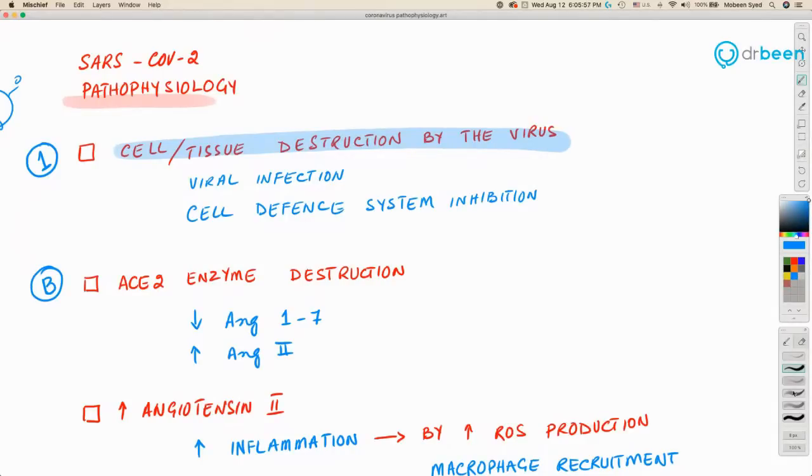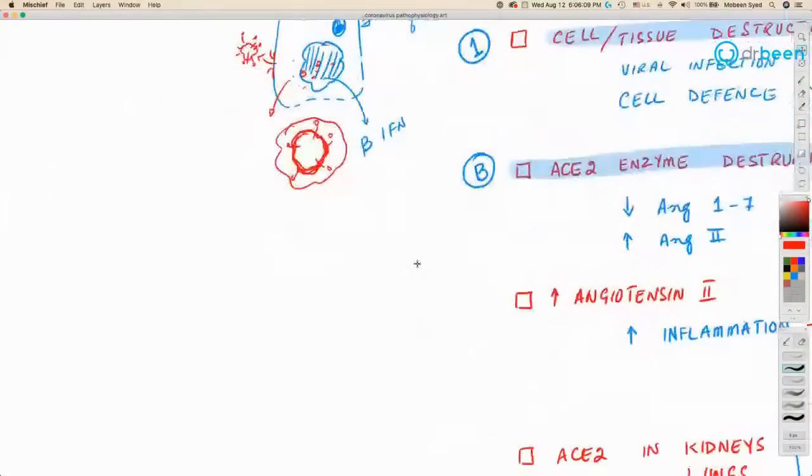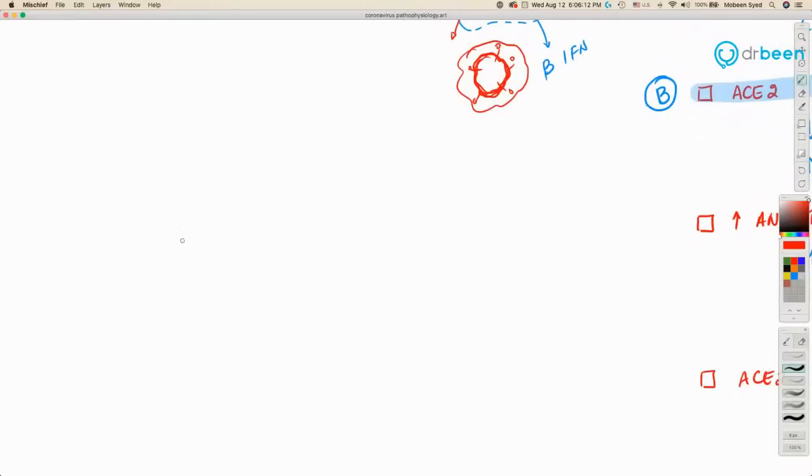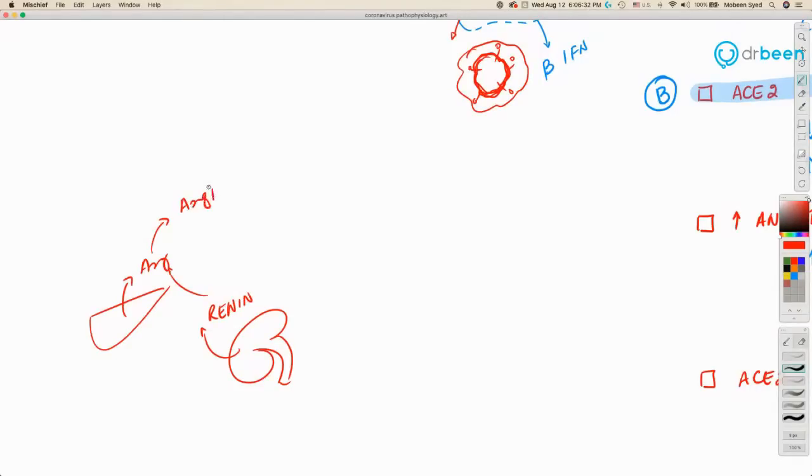Second category of damage is when the ACE2 enzyme gets involved. And again, we have done this discussion a lot in the past. I'm just going to, in a summary, discuss it here. So what will happen is that, remember we talked about it, that liver makes angiotensinogen, kidneys make renin, which would act on angiotensinogen and make angiotensin 1.